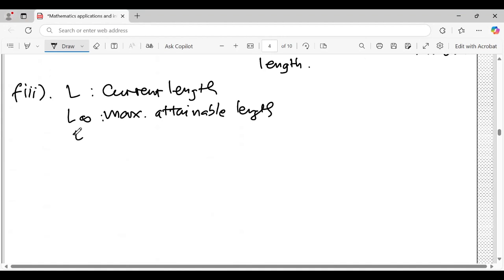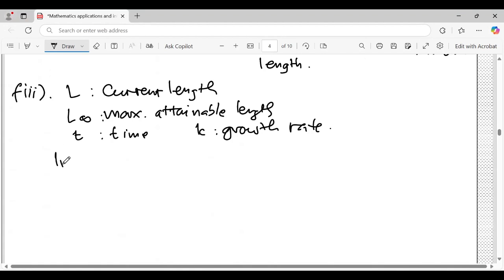T is time, and K is the growth rate, right? So the implications of pollution, as we know, there are two implications for pollution.